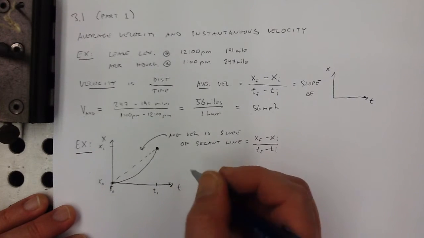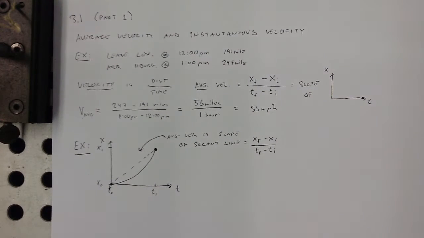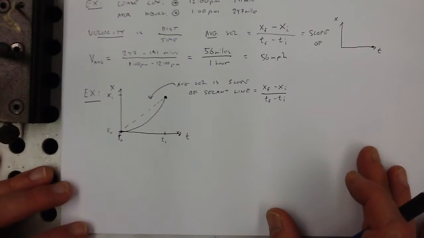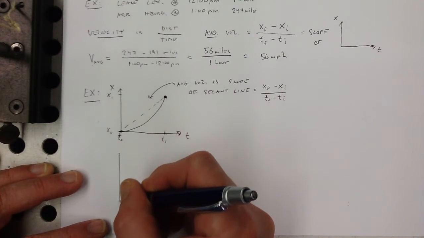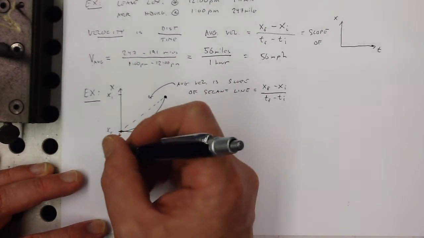So if we wanted to know the instantaneous velocity, here's one way that we can approach that problem. I'm going to redraw my graph so I have a little bit more room to work and mark it up.